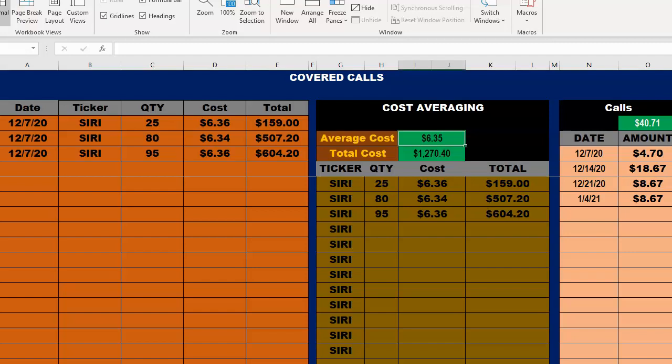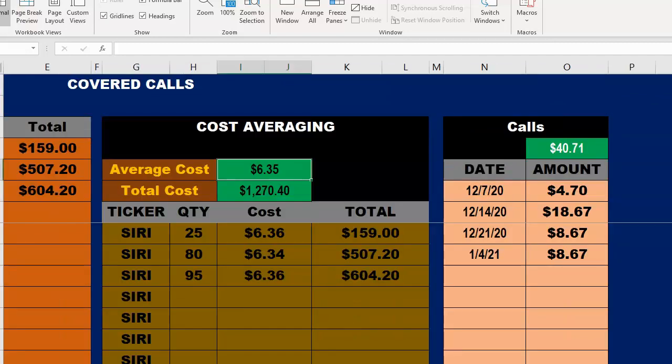Currently our average cost is sitting at $6.35, and we know that Siri right now is at $5.91. So what this sheet does is, we know that if we want to sell the $6 call, then our cost basis needs to be below $6.